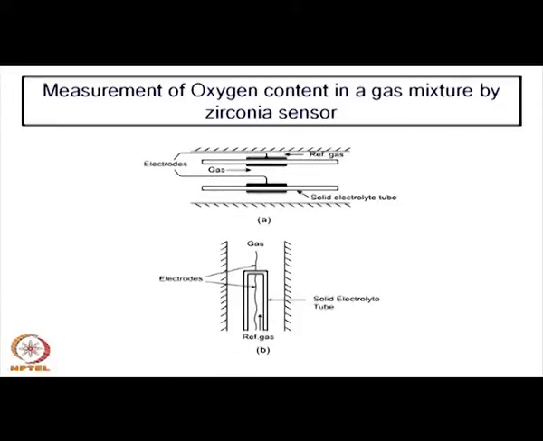Well, how exactly can one utilize it? For example, if you want to find out the oxygen concentration, the oxygen potential or oxygen partial pressure of a gas, you simply take a ceramic tube made of zirconia, stabilized zirconia. So, this is one wall and this is the cross section basically, schematics of this.